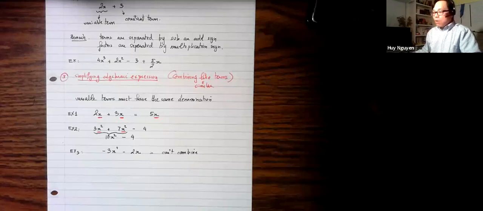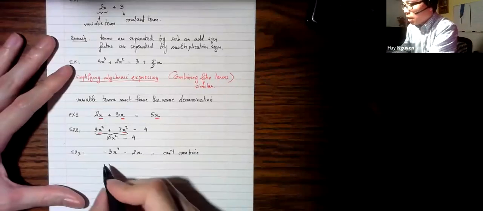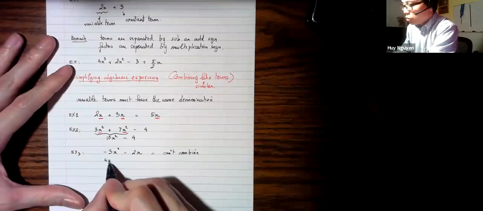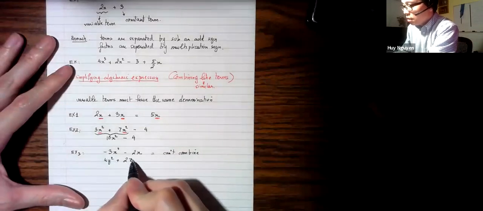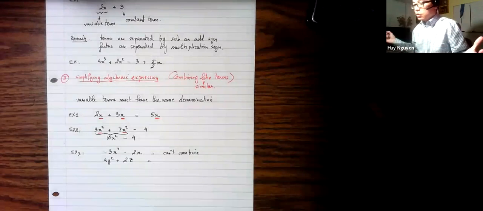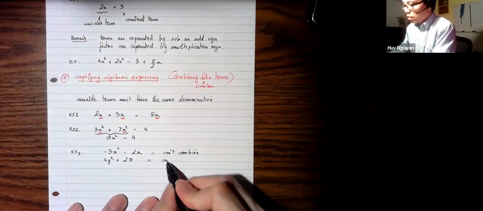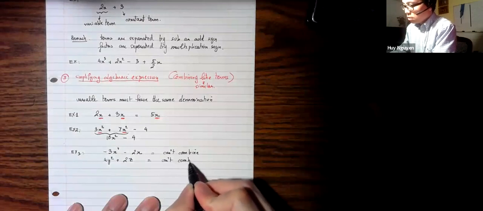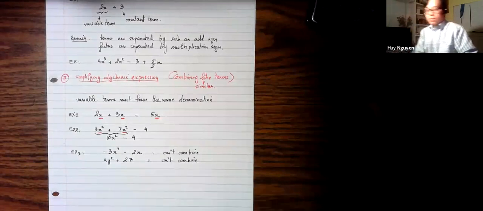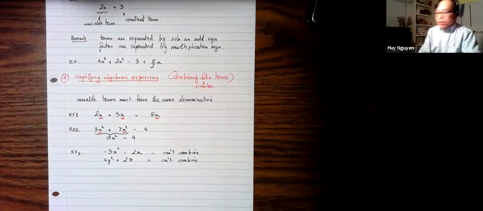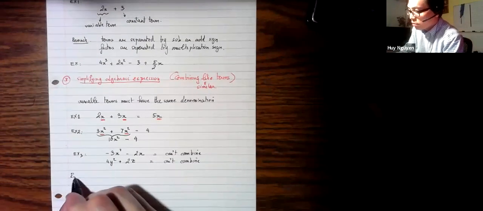Or something like this: 4y squared plus 2z. Totally different. It's not similar anymore, so we cannot combine. So from these 3 examples, I can make a conclusion.